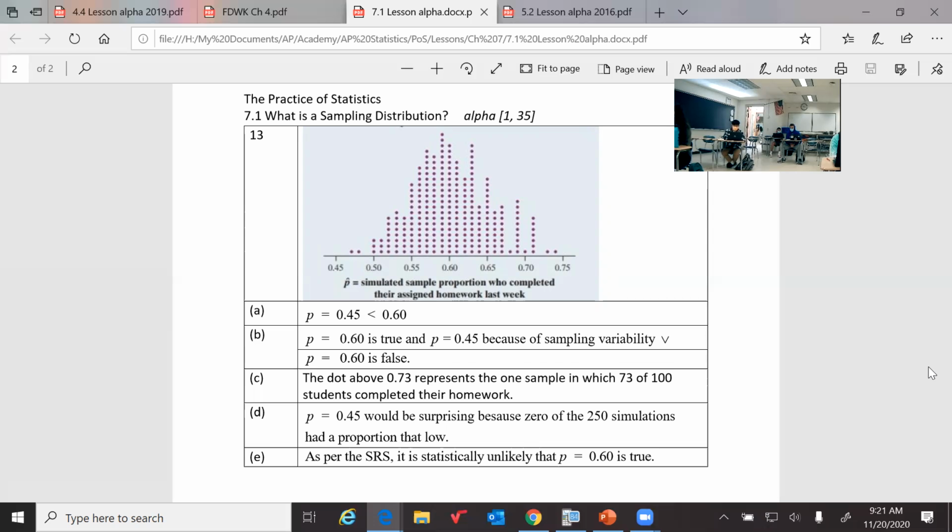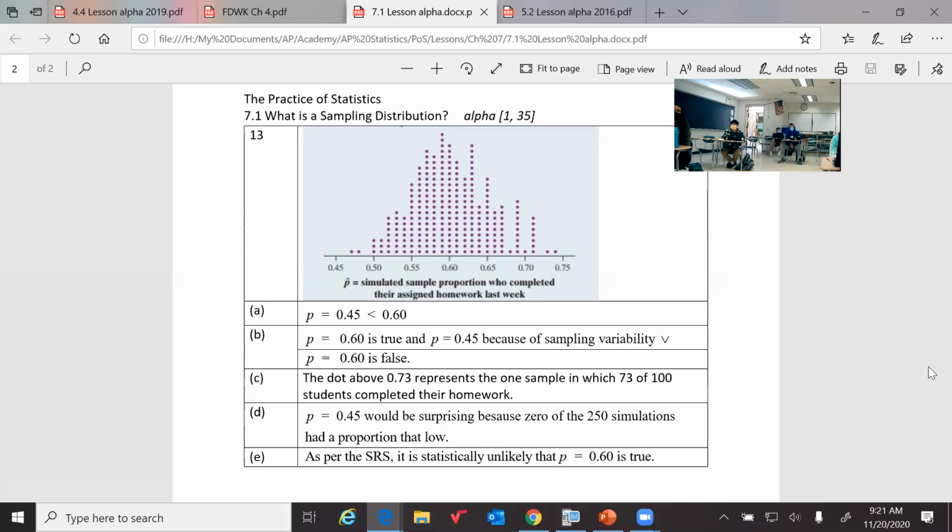One of them, 73% of the kids, when the center was 60%, the true proportion of the kids doing their homework. That one time the sampling spit out 73%. And there's 250 dots here. So 45% would be surprising because none of the 250 dots made it that far left.